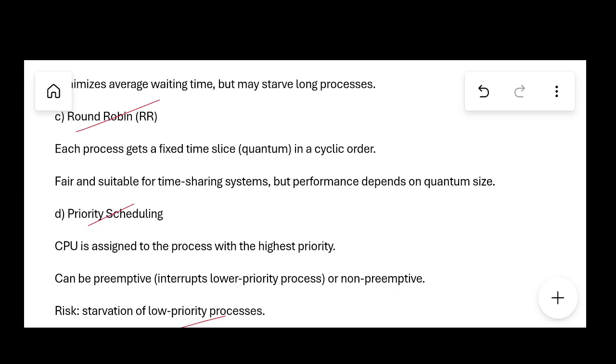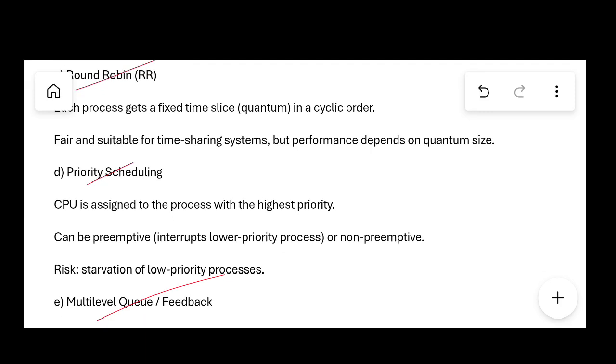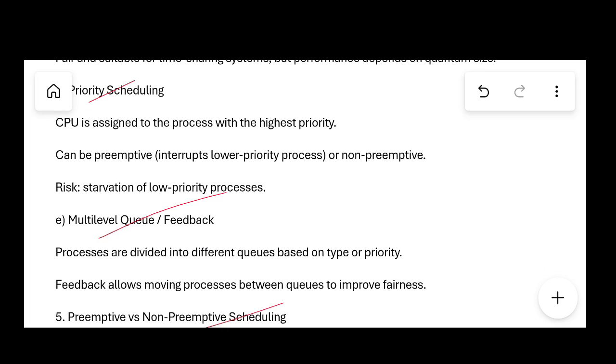Then priority scheduling: some customers are VIPs with higher priority, so they get served first. Regular customers may have to wait. Then multi-level feedback queue: customers are grouped by type of order, like quick snacks versus full meals.